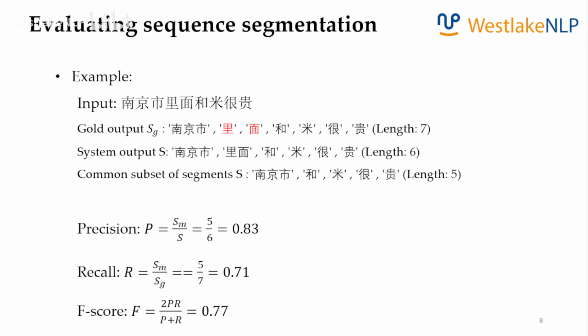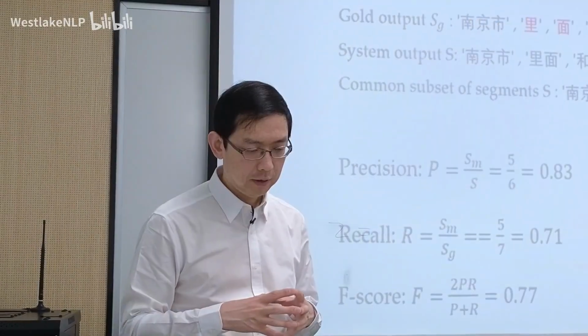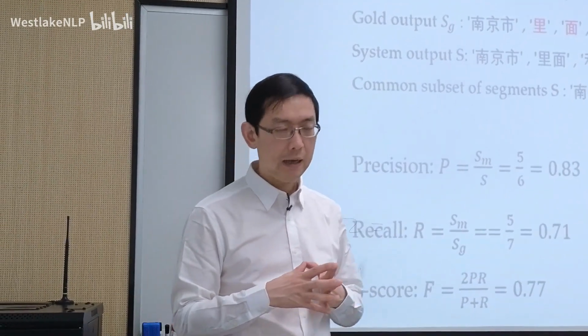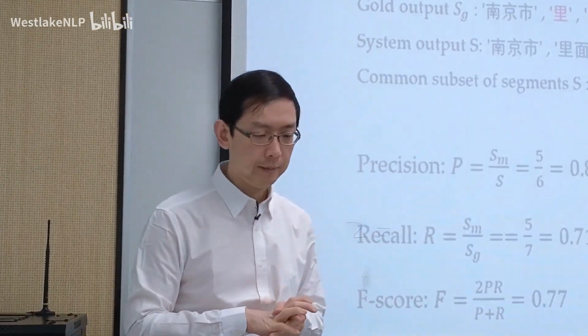It will be something between 5 out of 6 and 5 out of 7, okay? So it's sort of a balance between precision and recall. Okay, so now we learn the task and we learn how to evaluate it. Now let's move on, okay, to how do you solve the task using sequence labeling.